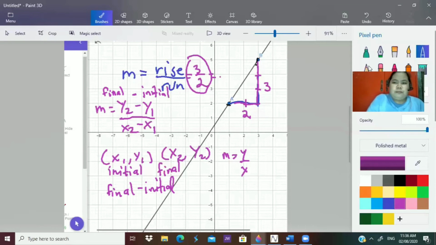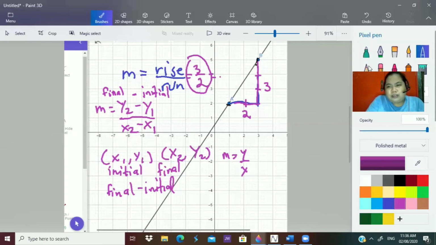Pero yung pinaka-derivation niyan, yung computation, paano siya nagkaganyan, gagamit pa tayo ng analytic geometry. Yung distance, hindi pa maintindihan ng bata. So, ganyan lang muna. Yan yung simpleng paliwanag na maaari kong i-share. Kaya nauna ang y sub 2 because that is the final location ng point.